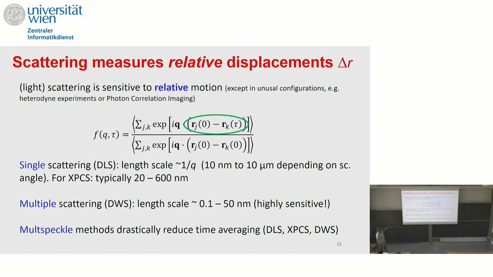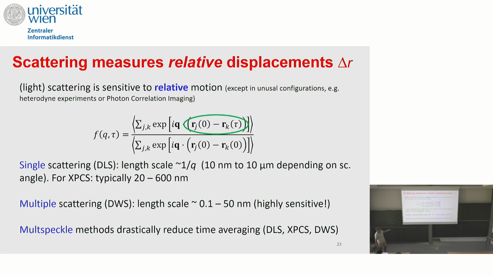In single scattering, we probe a length scale of the order 1/q, so it depends on scattering angle. It can be from tens of nanometers to about 10 microns. For XPCS, this is smaller, it's typically between 20 and 600 nanometers. We have seen multiple scattering, where the length scale is much smaller.